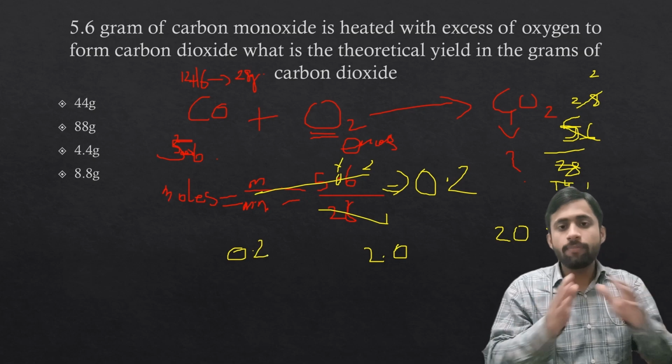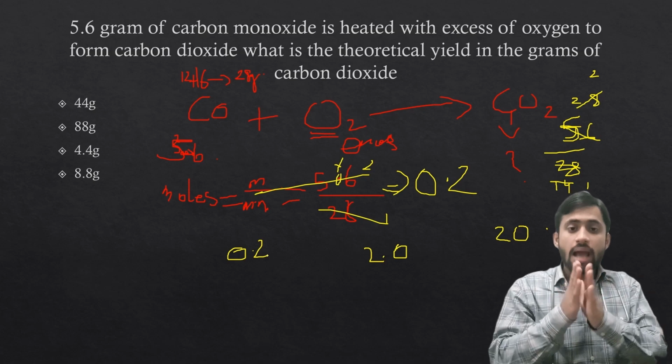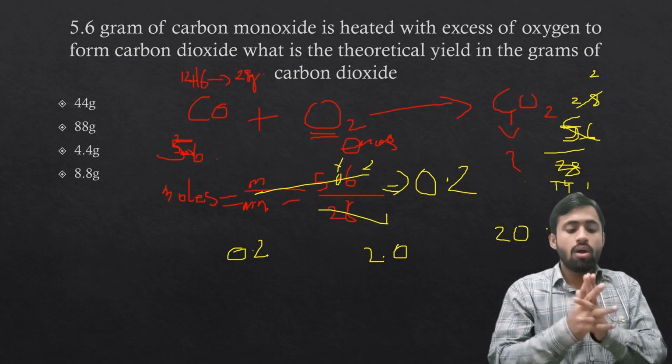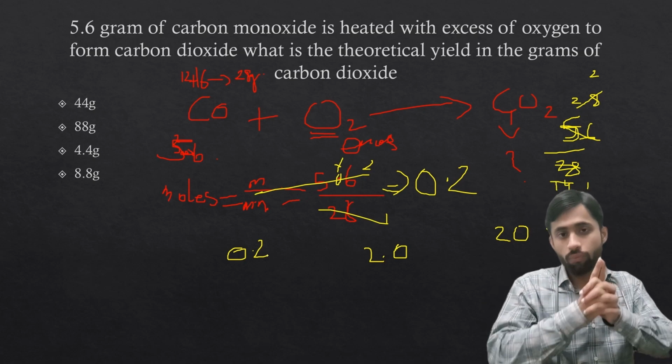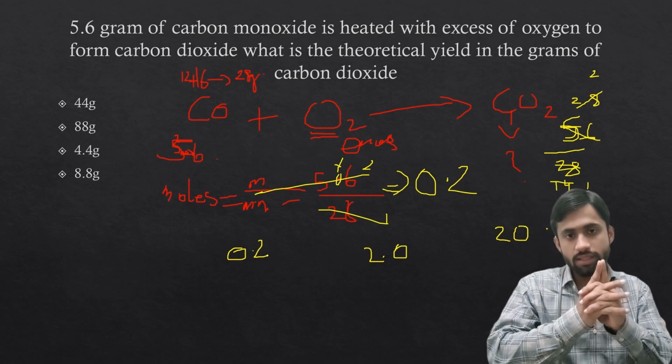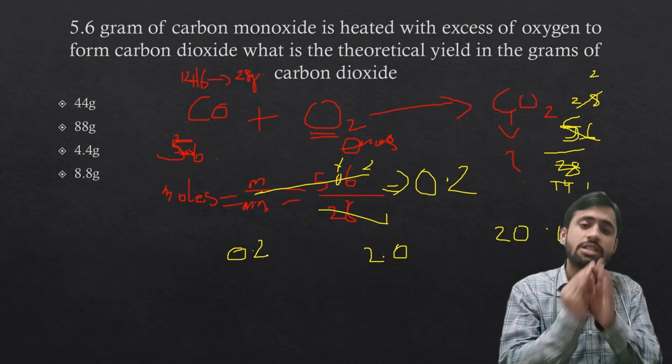So basically it was 5.6 divided by 28, and I moved the decimal point from 5.6 to 56. I moved the decimal point 1 point ahead. Now this was 5.6, and I assumed it 56.